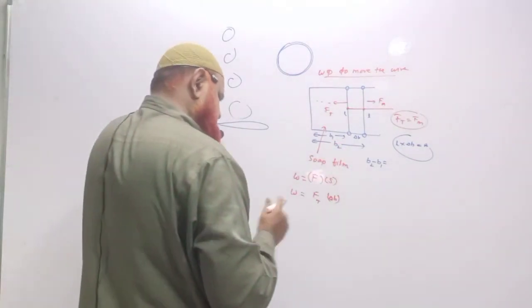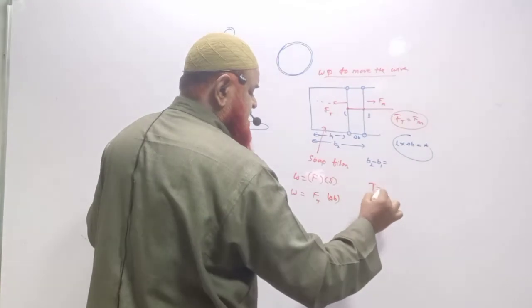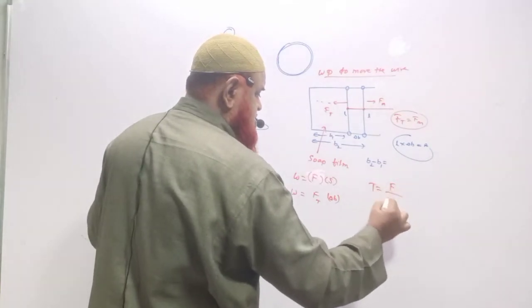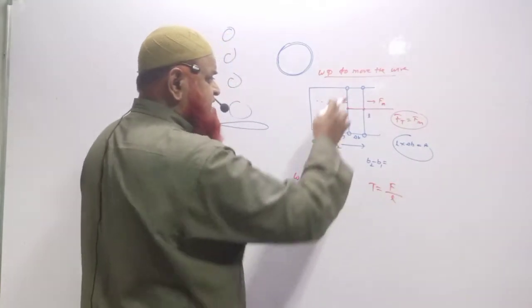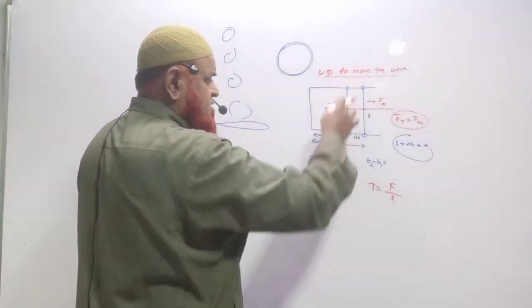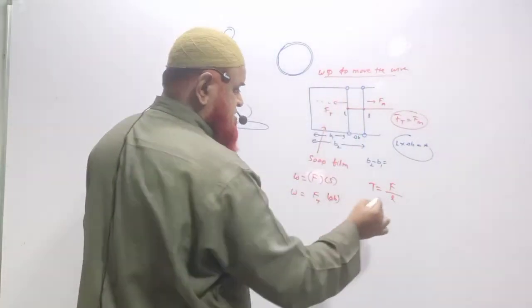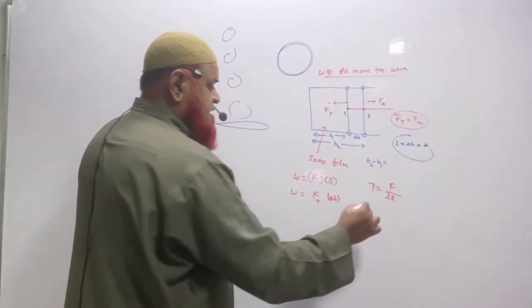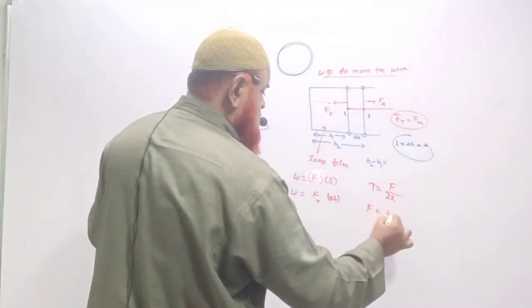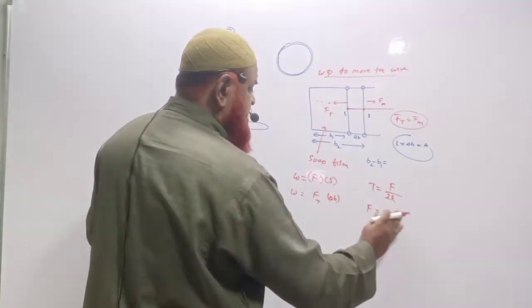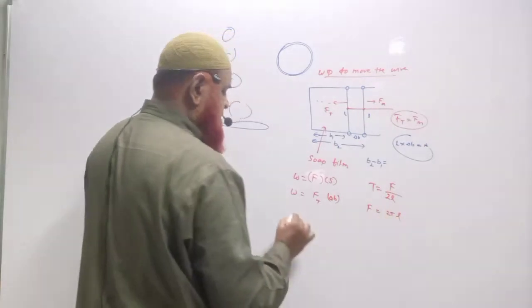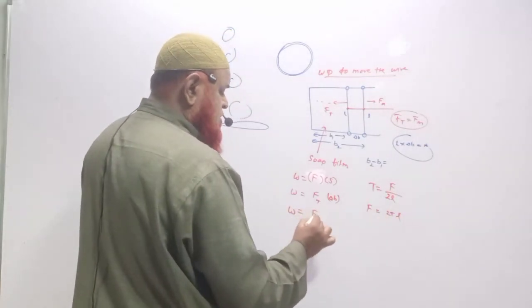Then what happens? And you all know that tension is equal to force by length here. But as you know that this is a wire which has two layers, therefore you can take 2L. Then you can also take F is equal to 2L into T, or 2T into L, whatever it may be, 2T into L. So W is equal to force.